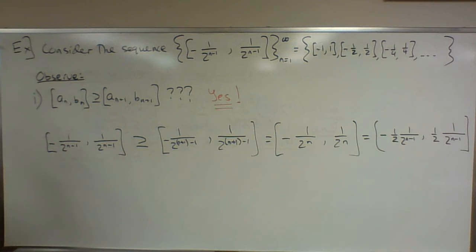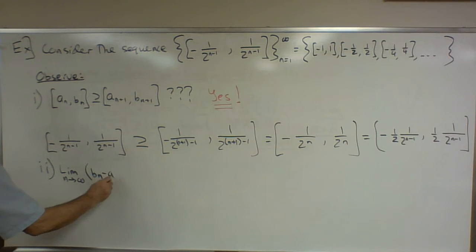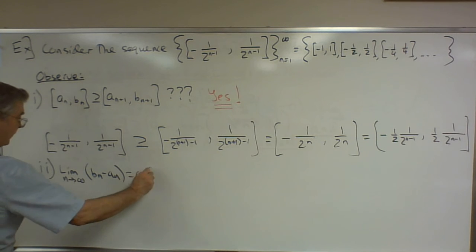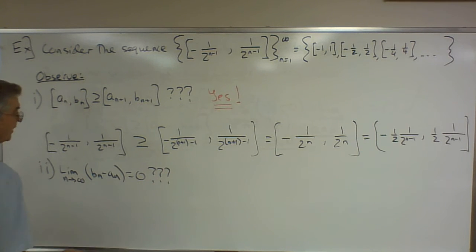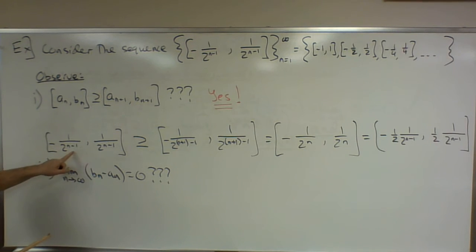Let's look at the next condition. Does the limit as n goes to infinity of b sub n minus a sub n equal 0? Well, here's our b sub n, here's our a sub n.